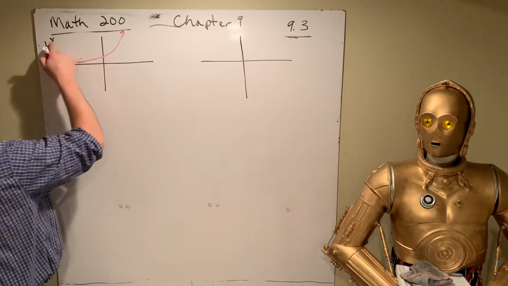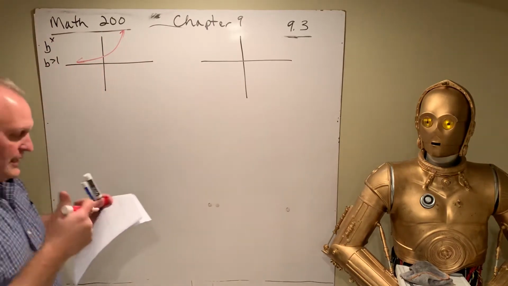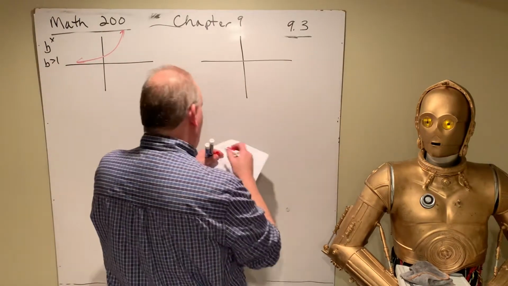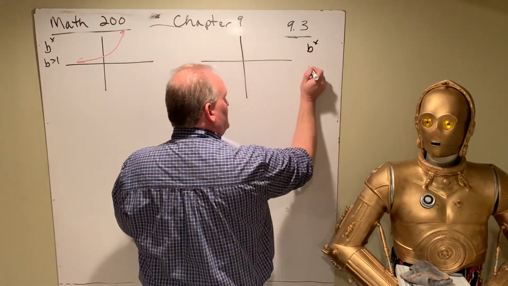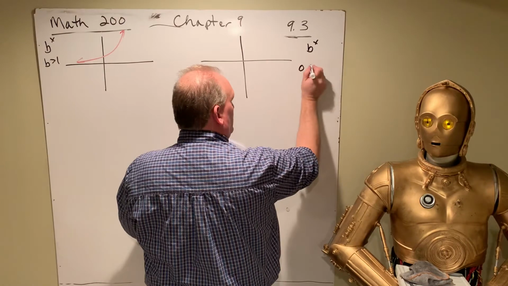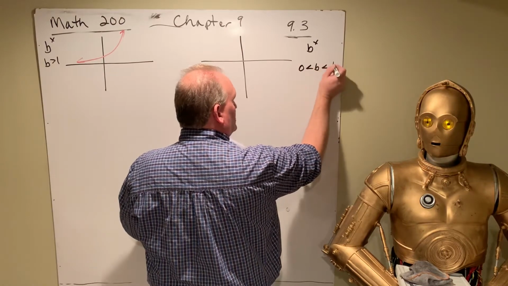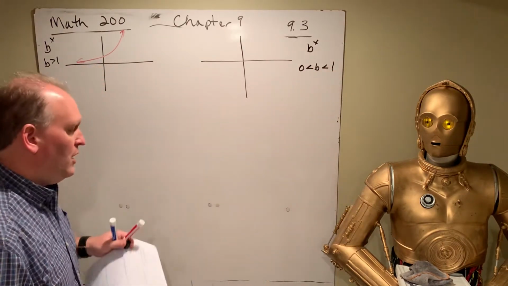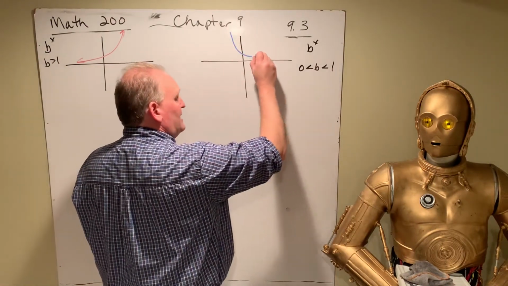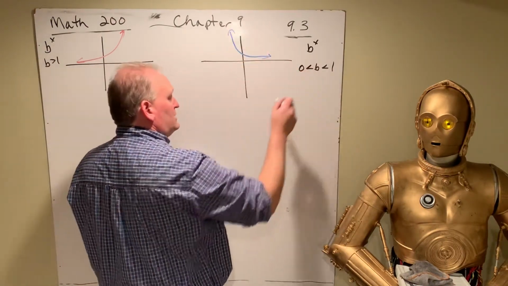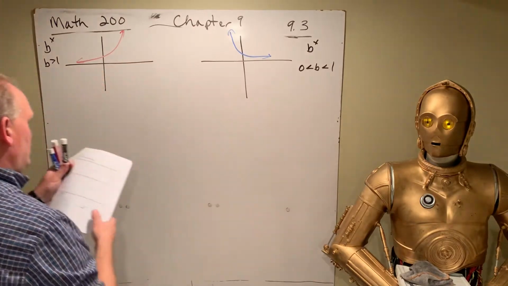When the base is bigger than 1, you're growing exponentially. If you have b to the x, but b is between 0 and 1, meaning it's a fraction between 0 and 1, that's going to be exponential decay. It's going to approach 0, but never actually hit 0.